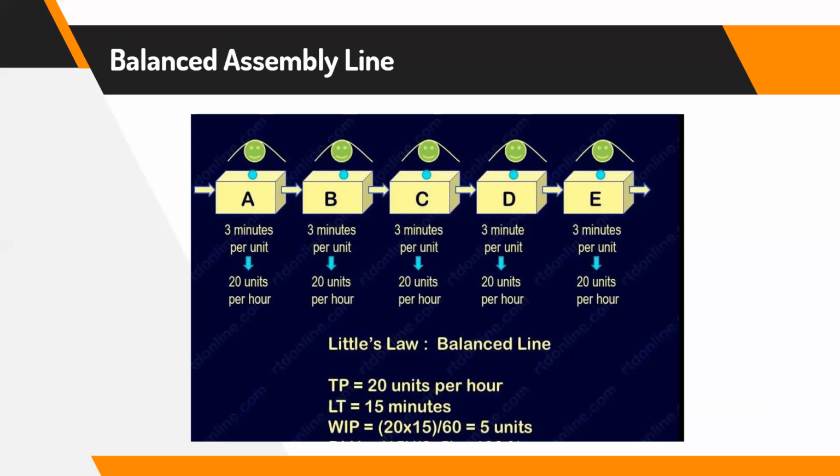We can also see that there are 5 machines and each machine would have 1 unit, which gives 5 units. We can also use Little's law, that the work in progress is equal to the lead time times throughput. If we convert both the quantities to the same unit, we get the work in progress as 5 units, which is the same as we can find intuitively.